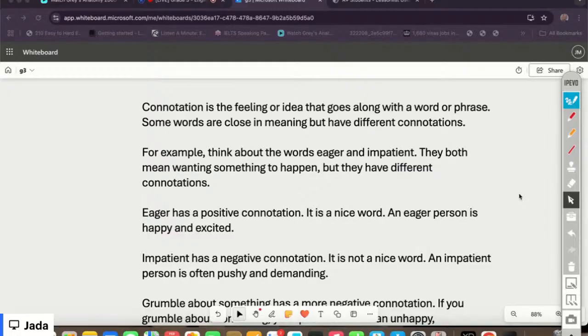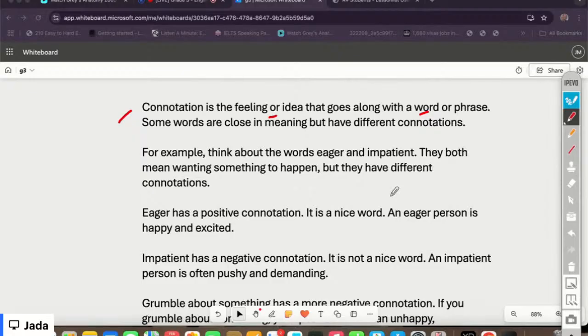So now we have the positive and negative connotation. When we talk about connotation, connotation is the feeling or idea that goes along with a word or a phrase.